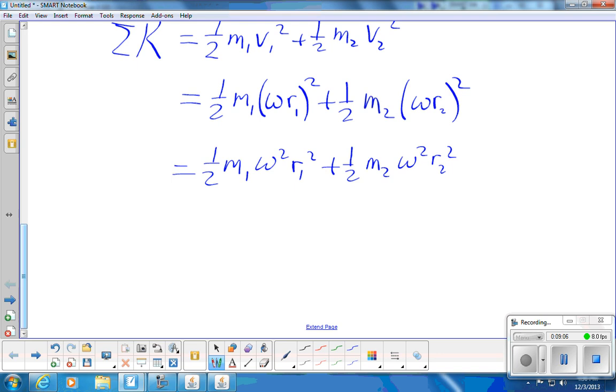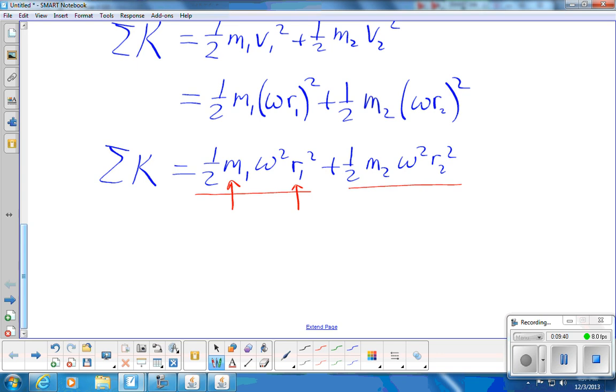Well, it's useful because I'm going to look at each of these kinetic energy terms. This is the kinetic energy of the first mass, and this is the kinetic energy of the second mass. I'm going to examine the terms in each one. Each one has a mixture of terms, some of which, like the mass and the distance from the axis, are particular to that one object, and other terms, like omega, that are common for each.